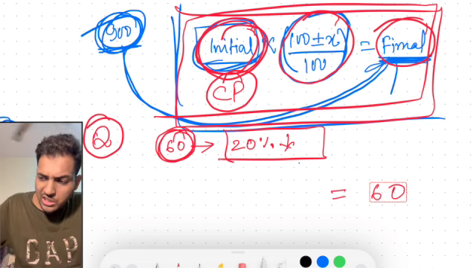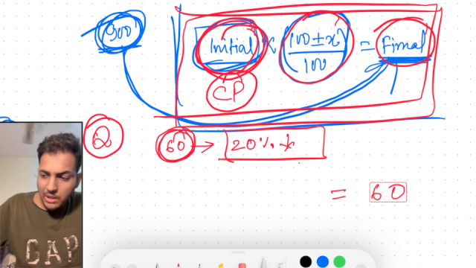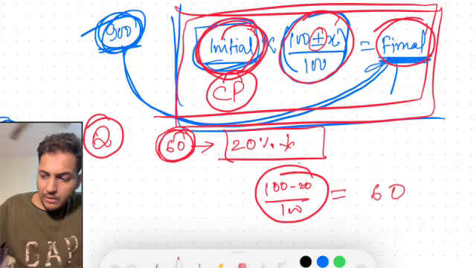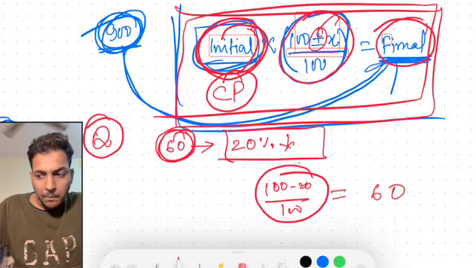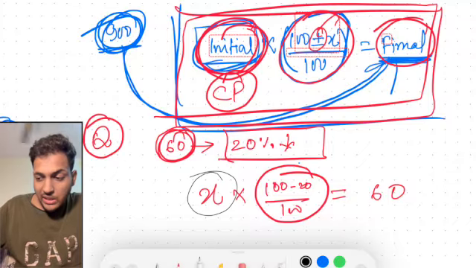You write here 60. Now 20% decrease, that means this number is 100 minus 20 by 100. I have already told you, plus in case of increase, minus in case of decrease. Now what is the initial number? That is the question.